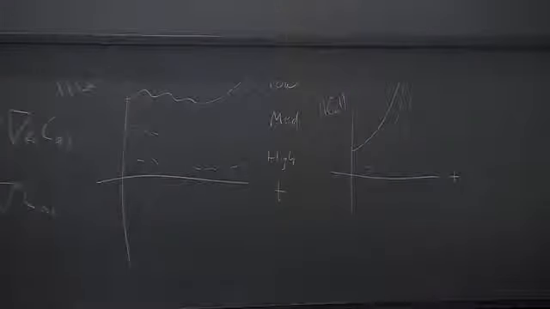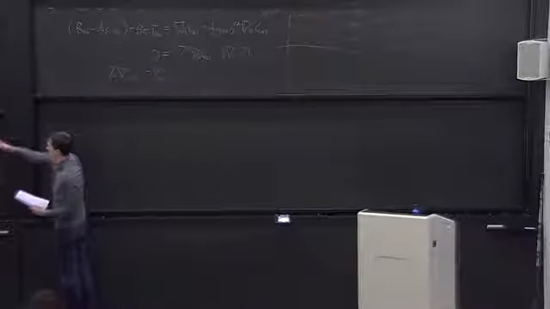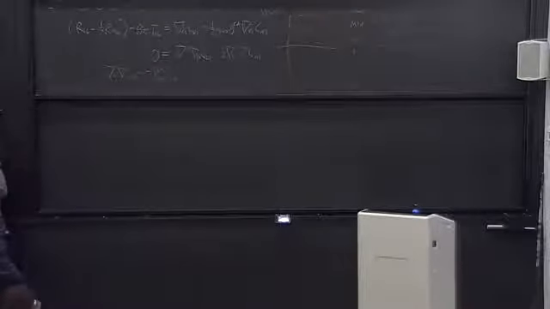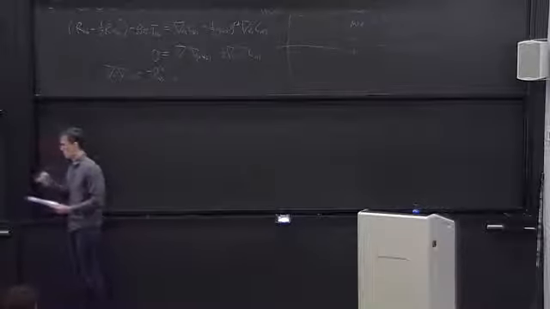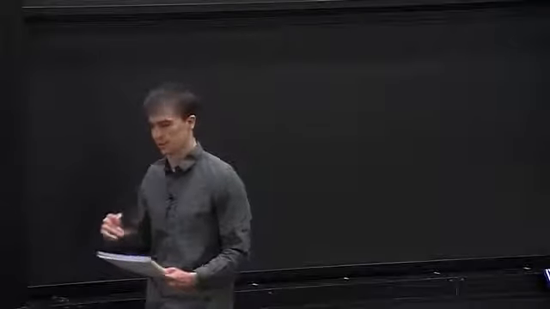So the basic idea is that we want to add something to this equation star that will make our constraint-preserving manifold stable.